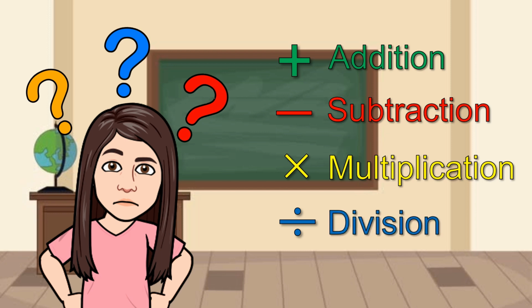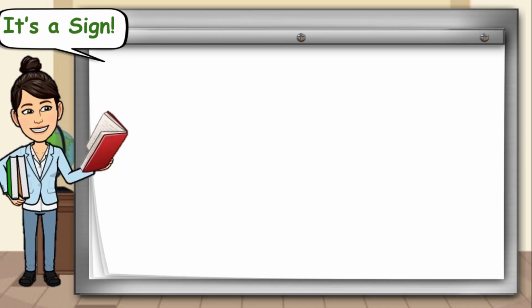However, aside from add, subtract, multiply, and divide, we can also use other words to express these mathematical operations. What are these words? Here's the list of words that could translate into each of the mathematical operations.